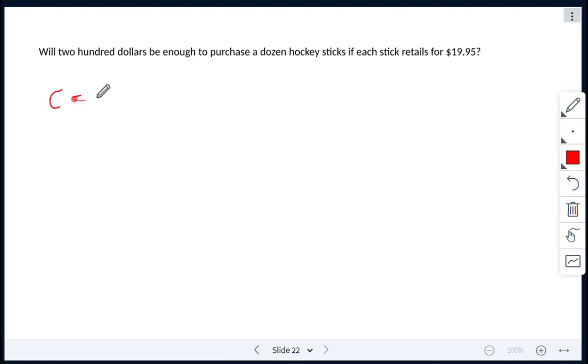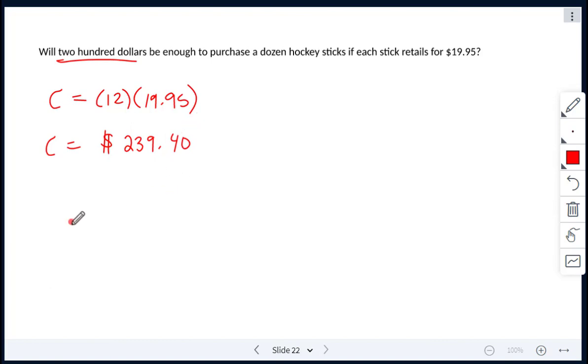So the cost, 12 times 19.95. So the total cost comes to $239.40. So $200 is what you have. So it wouldn't be enough to purchase a dozen hockey sticks.